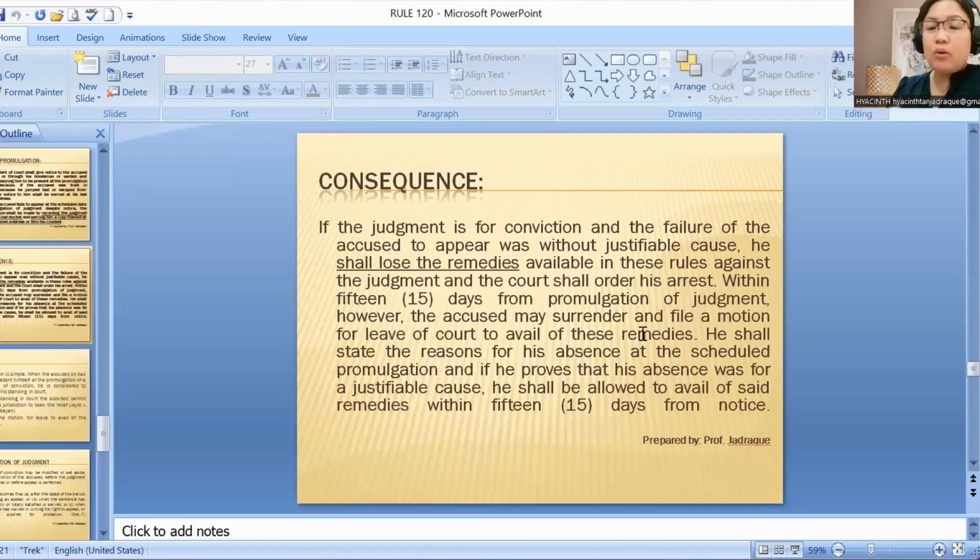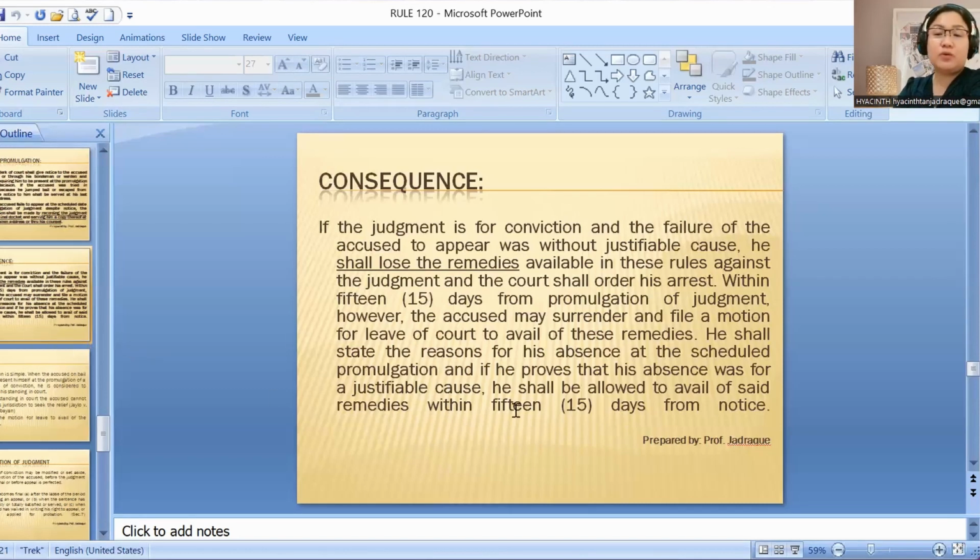So to reacquire that good standing within 15 days from promulgation, either you surrender and file a motion for leave of court to avail of these remedies. He shall state the reason for his absence at the scheduled promulgation, and if he proves that his absence was for a justifiable cause, he shall be allowed to avail of said remedies within 15 days from notice.